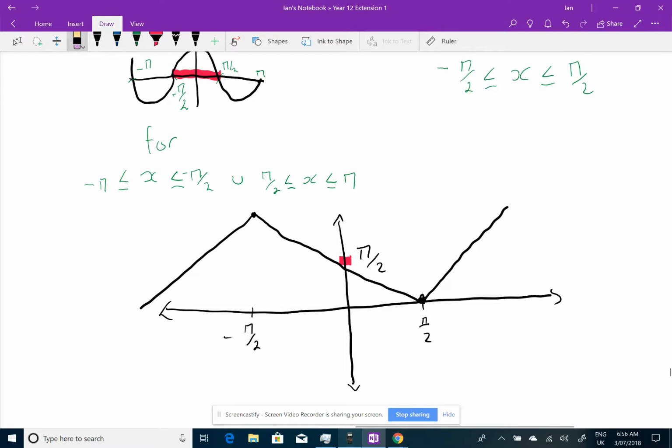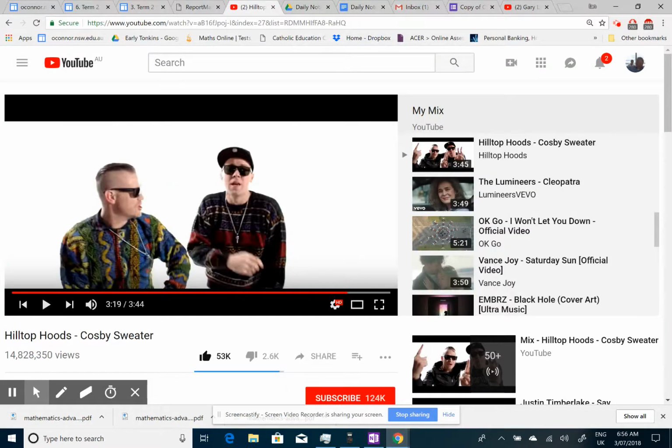What's this maximum value here? I wonder. What's that maximum value? Well, we'll go quickly to Desmos. I thought I had Desmos up.